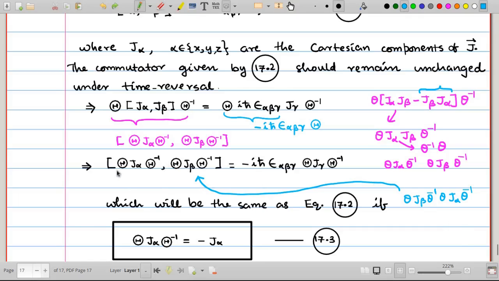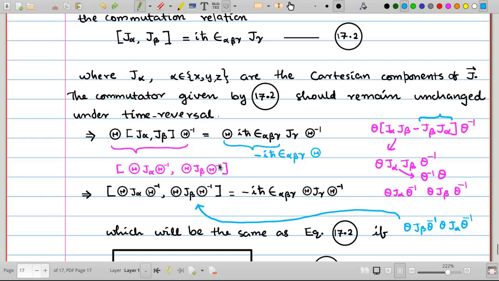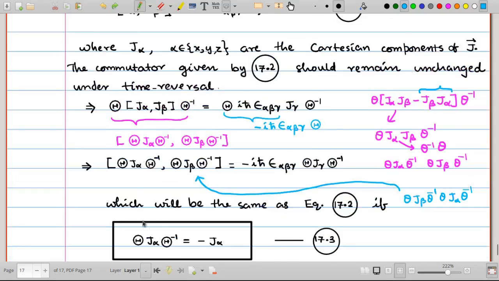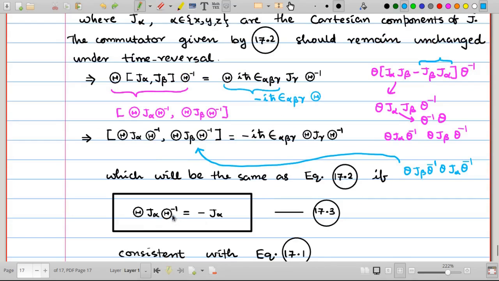Now this equation will be consistent with equation 7.2 if we choose theta J alpha theta inverse to be equal to minus J alpha. Then this would be minus J alpha and this would be minus J beta and this would be minus J gamma.